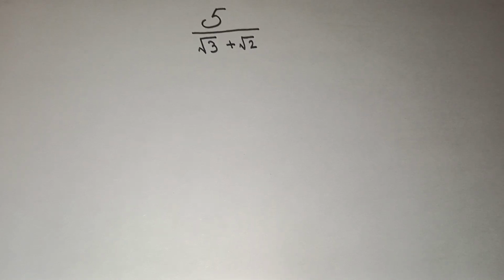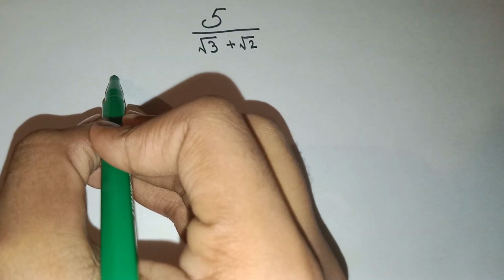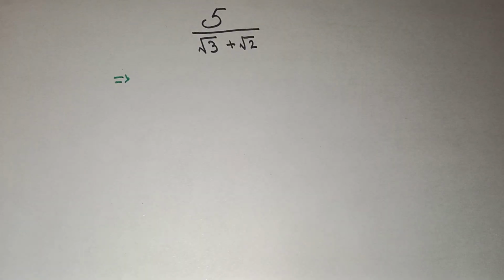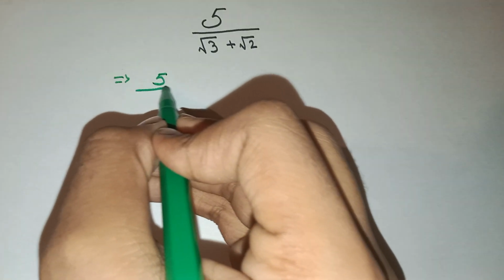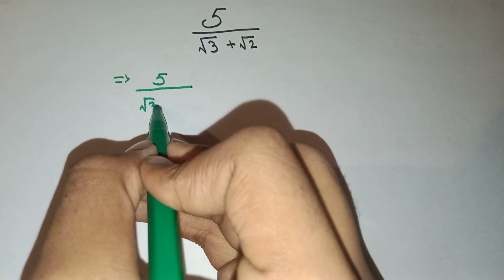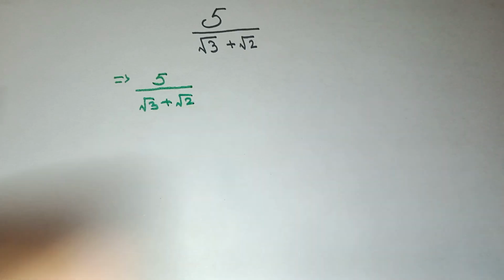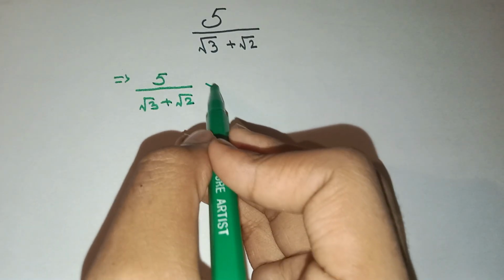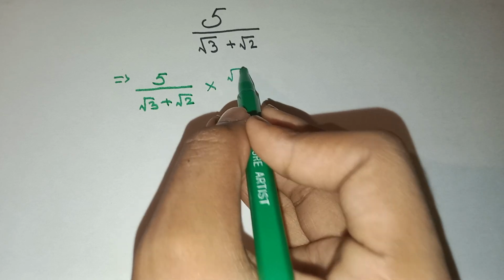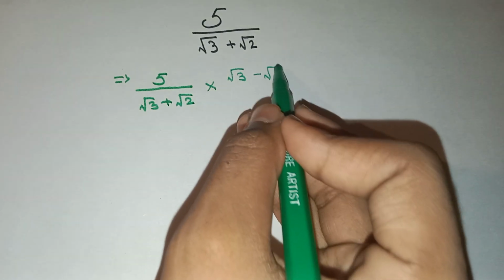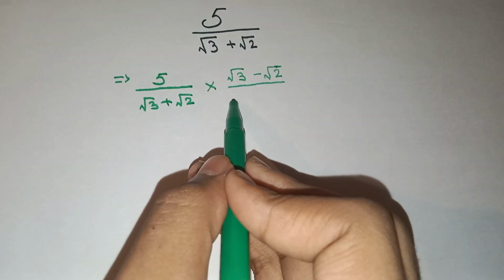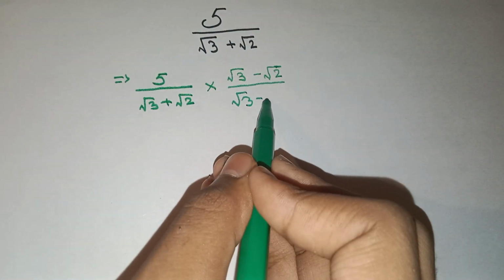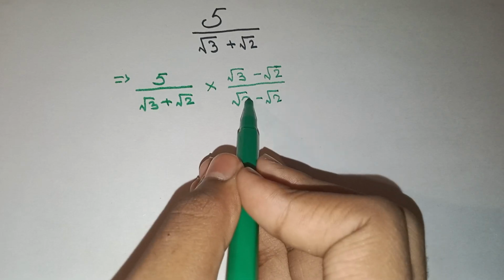So how will we solve them? The first step is to rationalize the denominator by making the conjugate of the surds. So 5 over square root of 3 plus square root of 2, multiplied by square root of 3 minus square root of 2 over square root of 3 minus square root of 2.